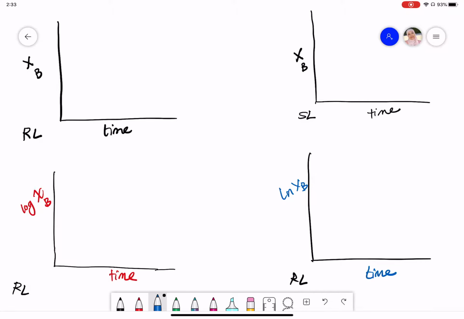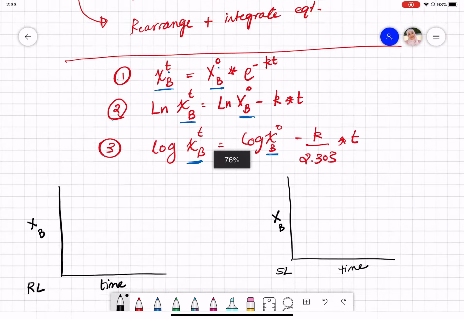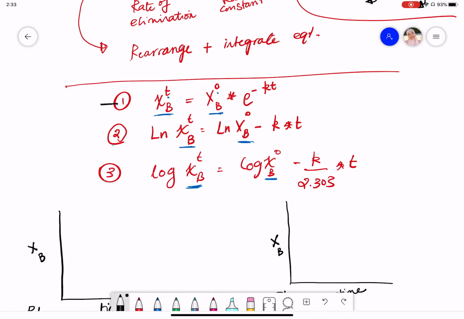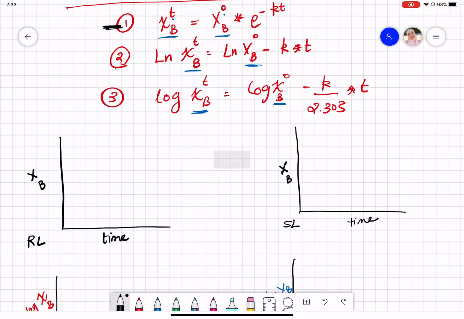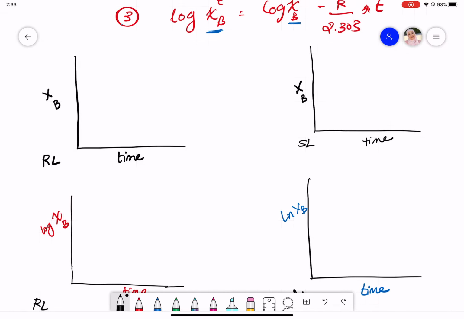Let's start with the first one. If we go back to our equation, this is the one that we will draw at the beginning, and it's either on a rectilinear graph or on a semilog graph. So let's start with the rectilinear graph.